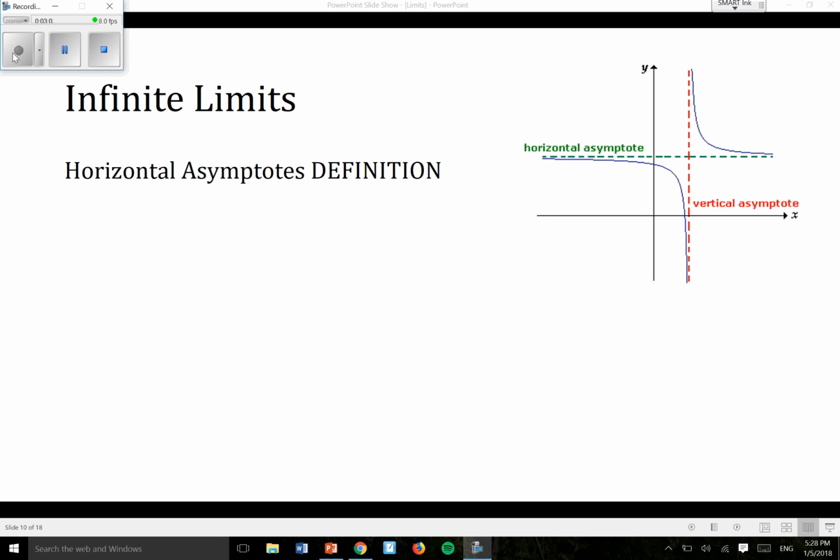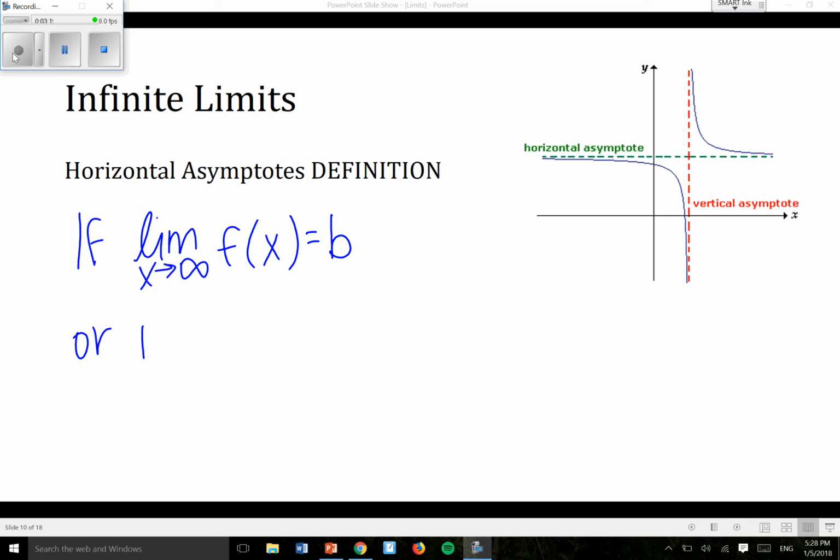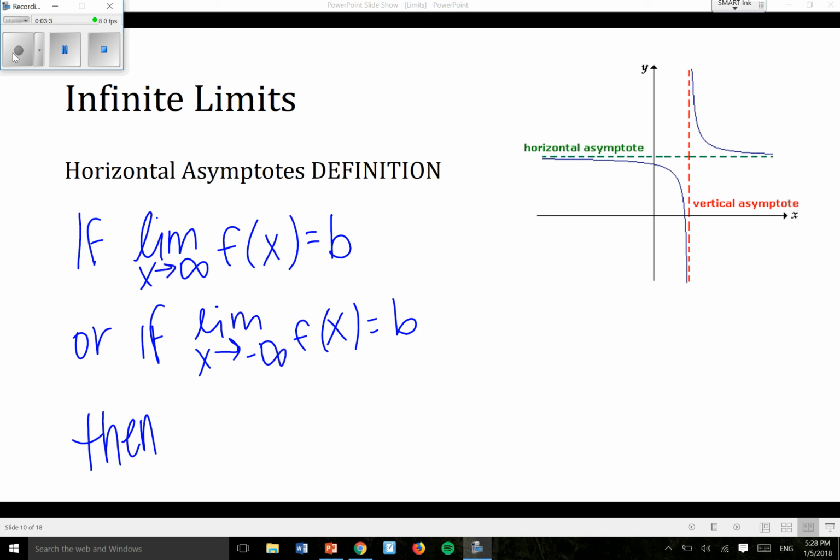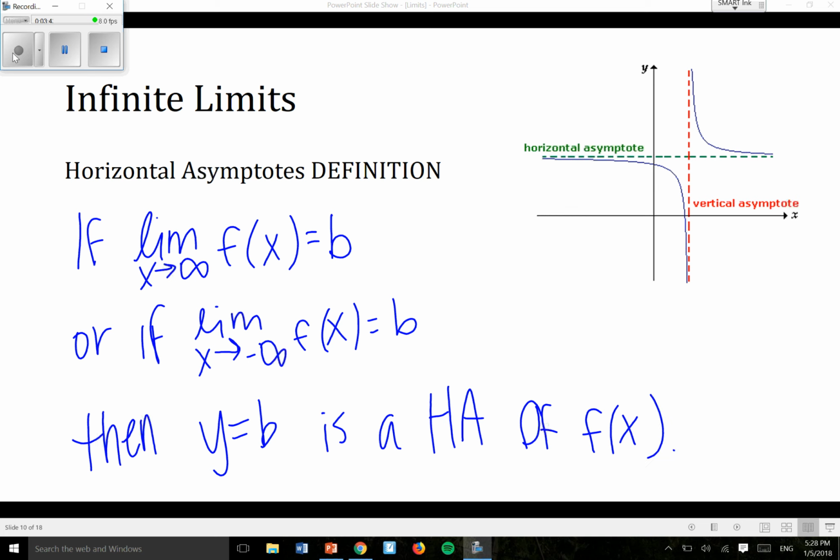I want to take a minute to write down the formal definition of a horizontal asymptote, which is really what we've been working with. It says if the limit as x goes to infinity of f of x equals b, or if the limit as x goes to negative infinity of f of x equals b, then the horizontal line y equals b is a horizontal asymptote of our function f of x.